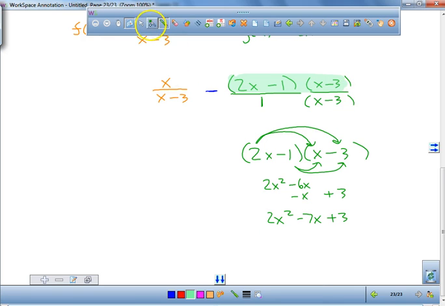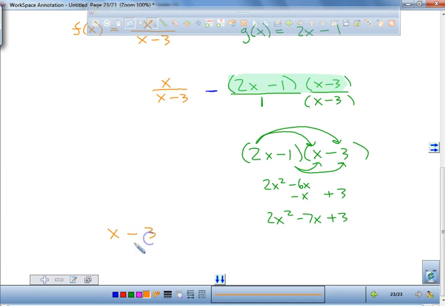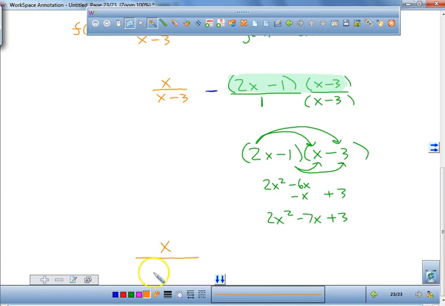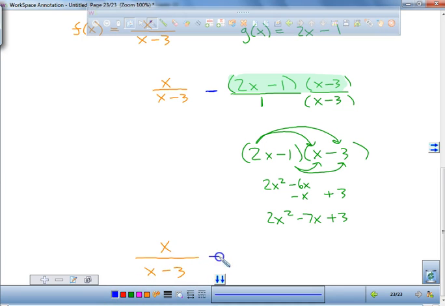Okay? So I'm going to rewrite what we have. Here we go. I've got x over x minus 3. Oh, sorry, that's the denominator. Thank God for erasers. X over x minus 3. Don't forget, minus. Okay, then over here in this one, put what I have in the numerator: 2x squared minus 7x plus 3 all over x minus 3.